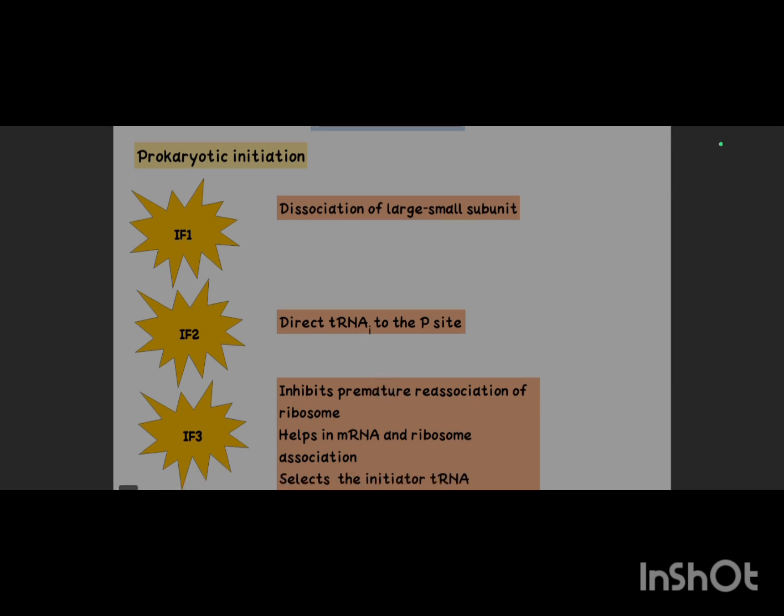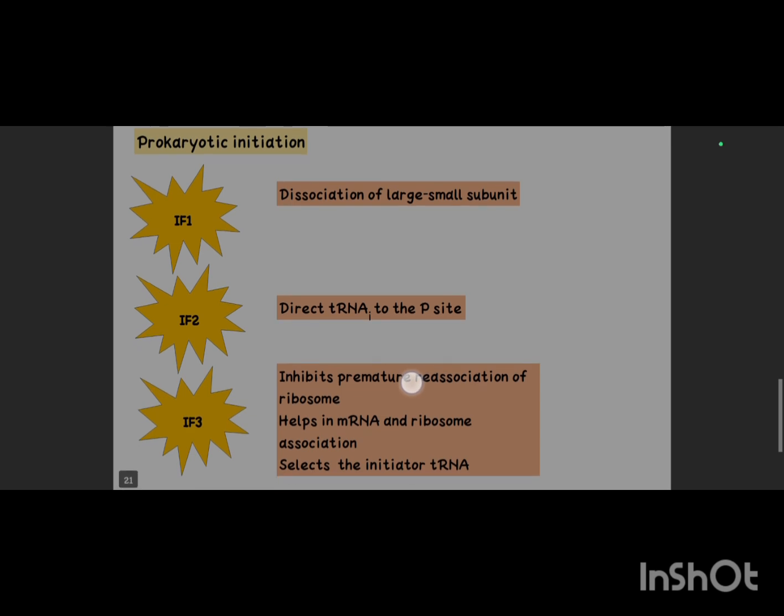Next, IF3, or initiation factor 3, is the most important protein in the prokaryotic initiation process. It inhibits the premature reassociation of the ribosome, meaning it always gets attached to the 30S subunit and then inhibits the interaction of the 50S subunit with the ribosome, and then it helps in the mRNA and ribosome association.